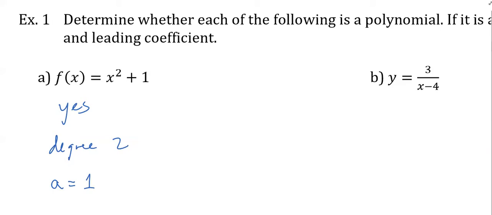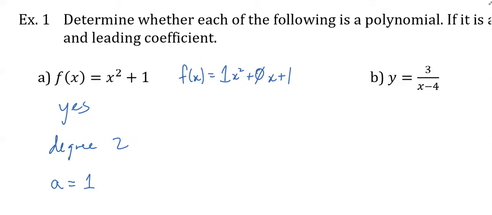And again, what I was talking about before is I could write this as f of x equals 1x squared plus 0x plus 1. So I could add in, we call these ghost terms, a 0 coefficient for the x term because it's missing, and you could think of all of them as having all terms, but some of them we don't write because the coefficient is 0.